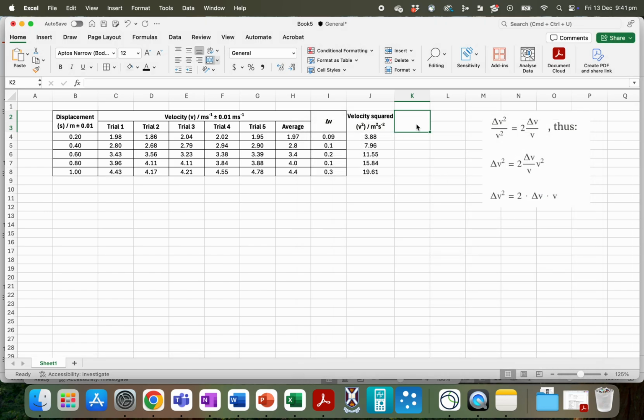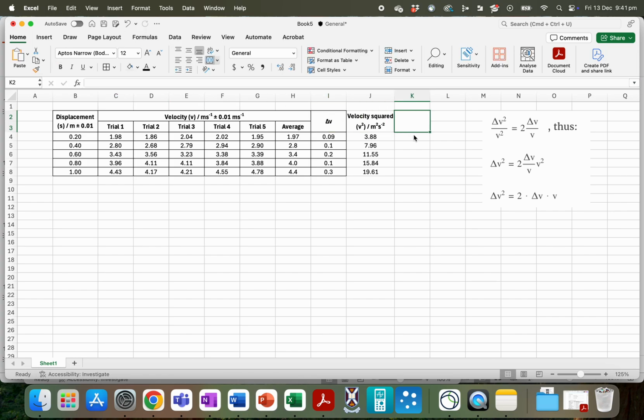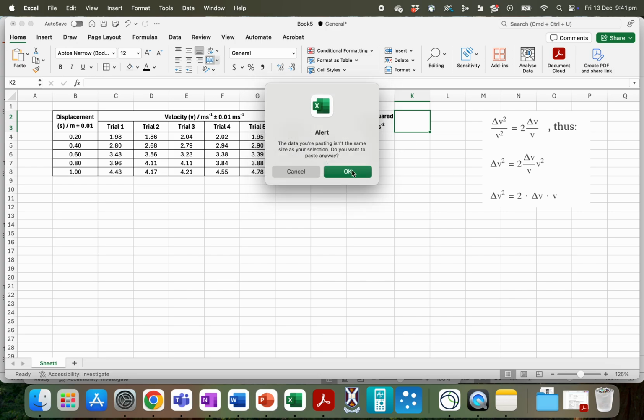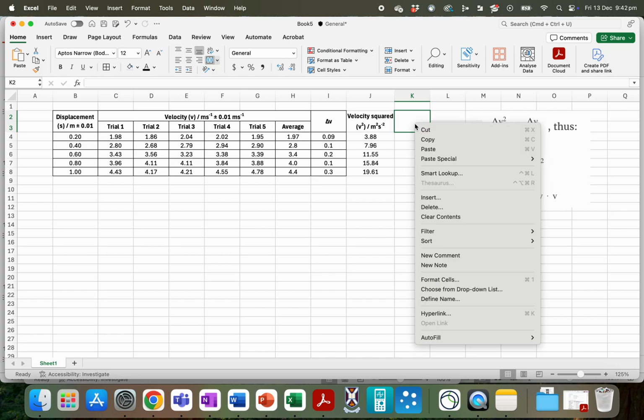Okay, so we need the uncertainty in v squared. So we'll need to grab this perhaps, might be the easiest way. Copy that and okay, it's given us, yeah, can't do it into a merged cell. So let's go back and actually unmerge that cell.